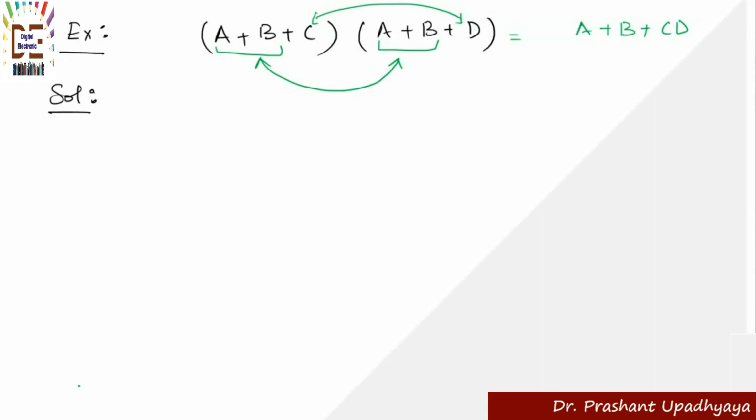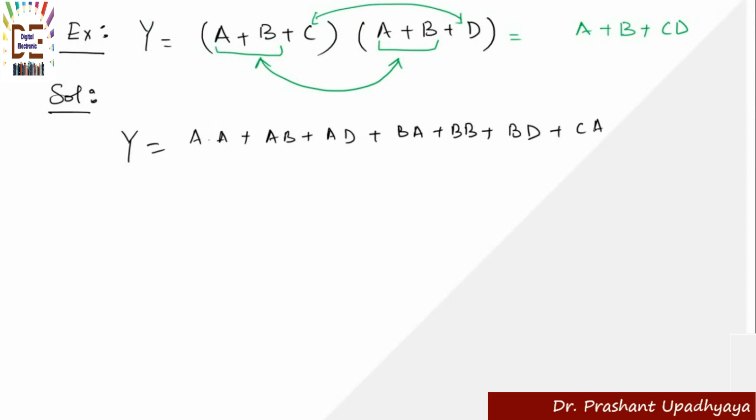When I write this expression out, it will be a very huge expression: a into a, ab, ad, plus ba plus bb plus bd plus ca plus cb plus cd.